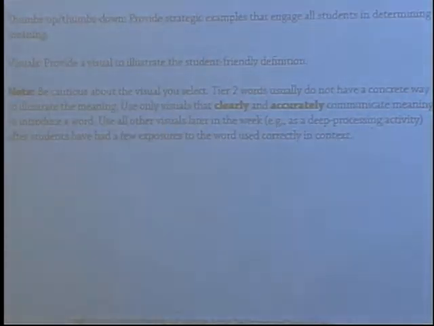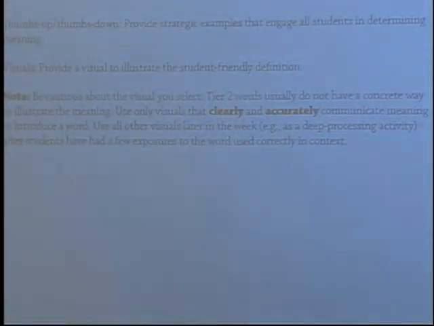And I highlighted what I thought was most significant here because the first step is to build that student-friendly definition, because we just looked at examples of how vague definitions can be. So we understand how significant that is. Okay? So in Bringing Words to Life, Isabel Beck and her colleagues identified 2 principles to employ when building that student-friendly definition.